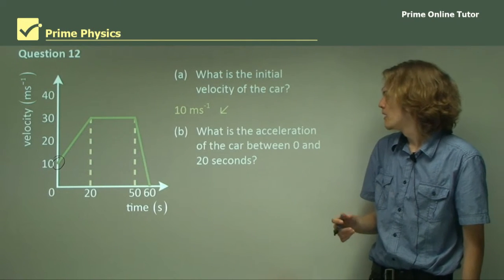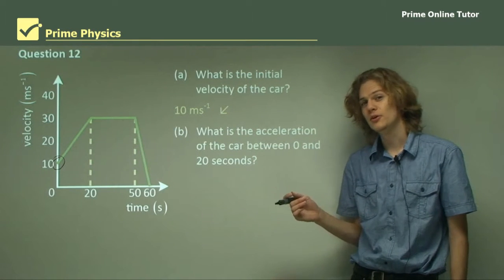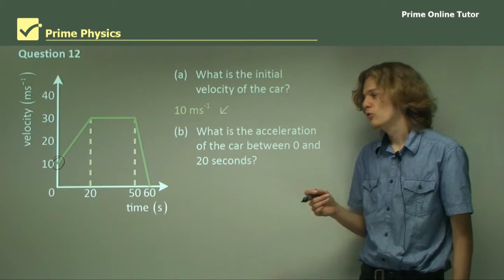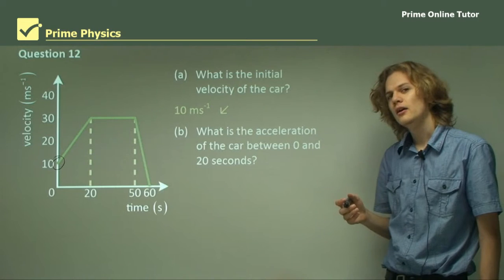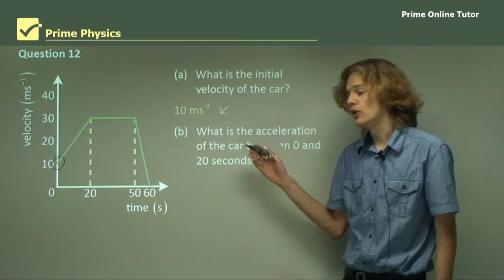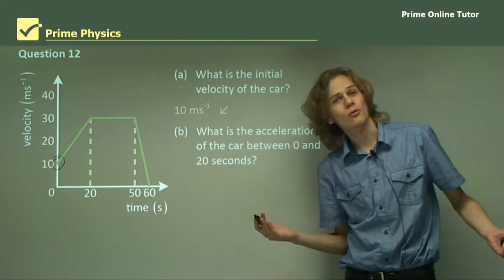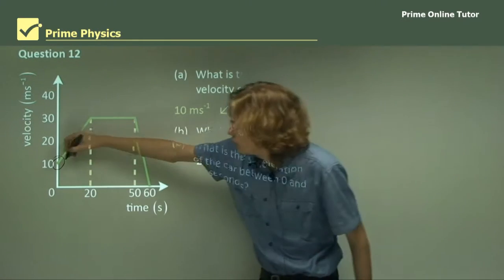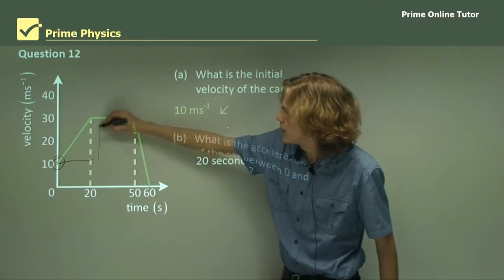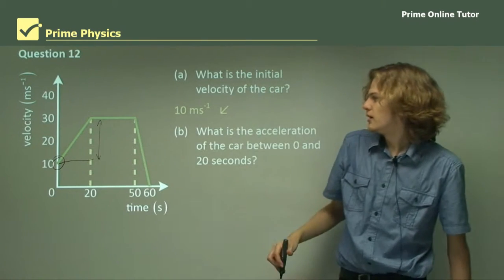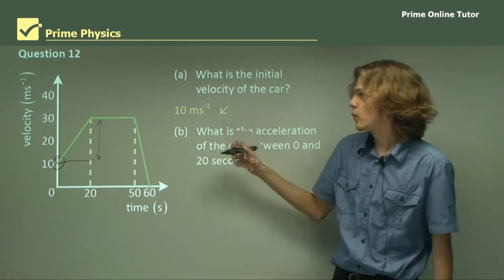Part B. What is the acceleration of the car between 0 and 20 seconds? Well, remember, to find the acceleration of something, we can find the slope of the velocity time graph. So, to find the slope, all we need is rise over run. So we can draw a little triangle here, in which our rise is 30 minus 10, so that's 20 meters per second.